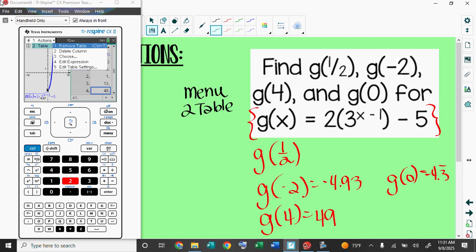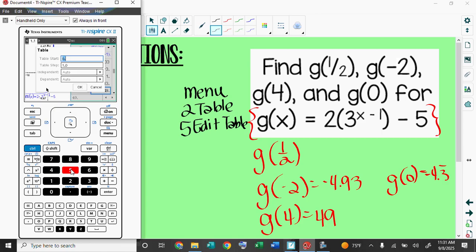And then we're going to press 5 for edit table. Now, where do I want it to start? Well, I need it to be 1/2. So I'm going to put 1 divided by 2, enter.